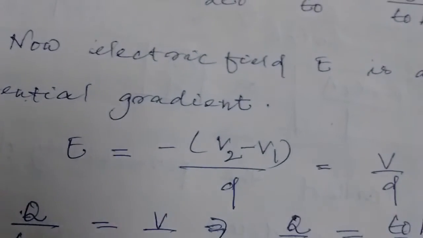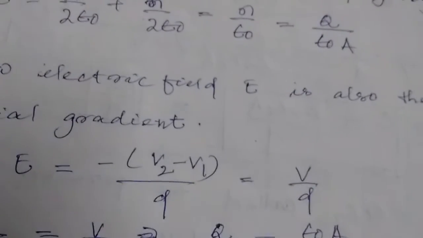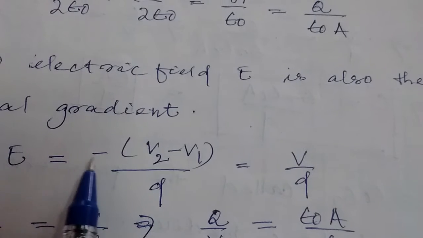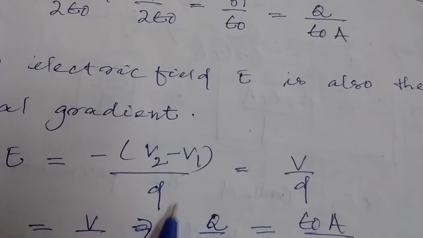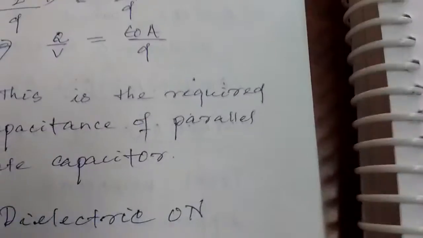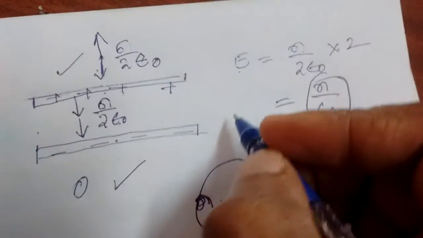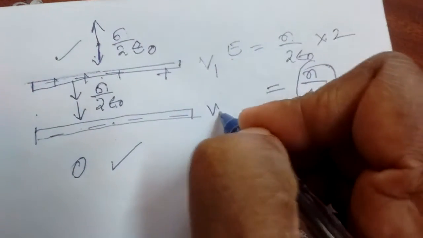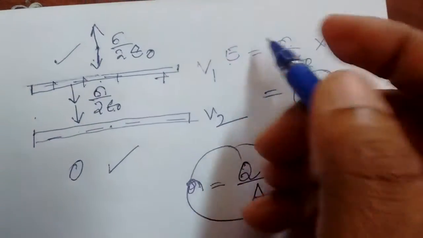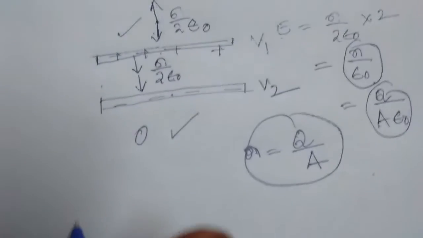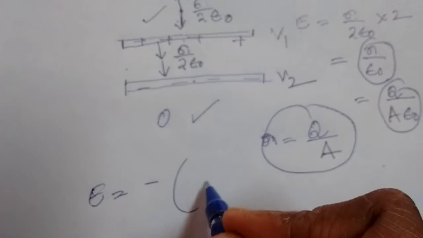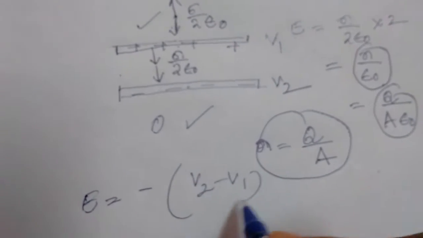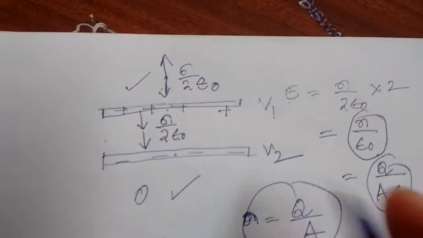Okay. We already know that electric field is nothing but negative potential gradient. What is negative potential gradient? Negative means minus. Potential gradient means V2 minus V1 by distance. Now already we know that this is V1, this is V2. Potential gradient means change in potential by change in distance or position.